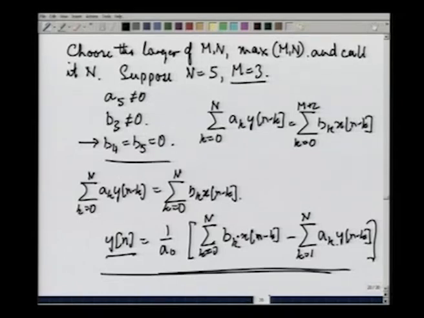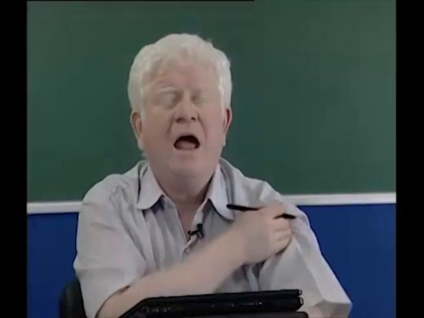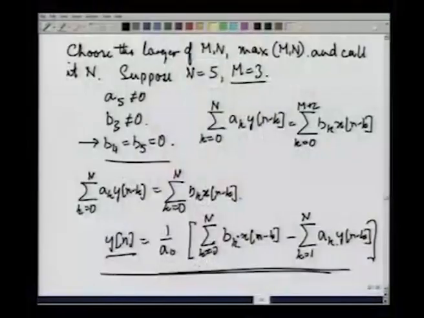Now, how do we implement this? We look at these two blocks as two separate blocks and try to find these two intermediate quantities, the result of the summation of all the terms in the first summation and the result of the second summation.